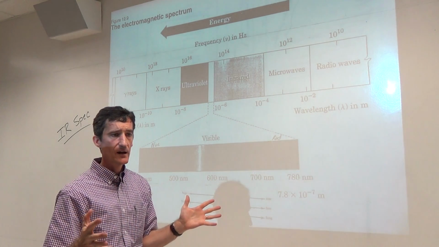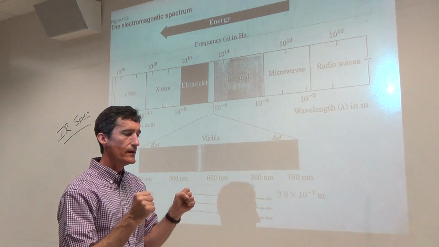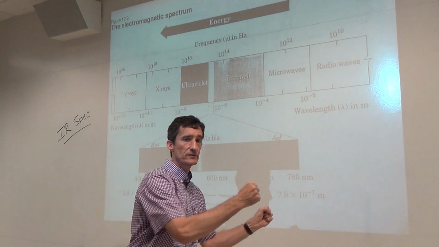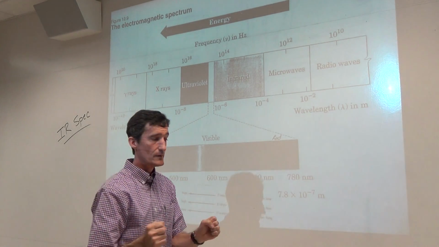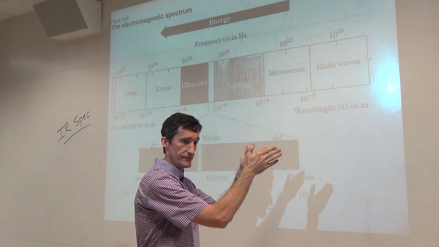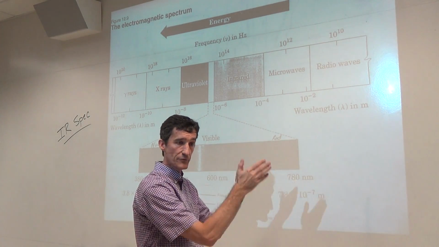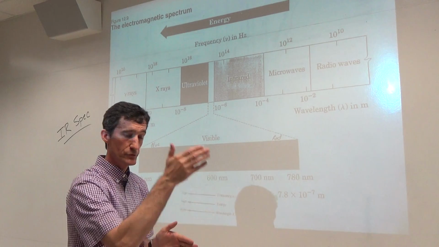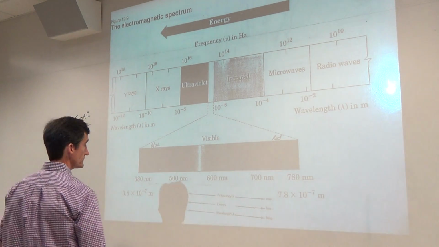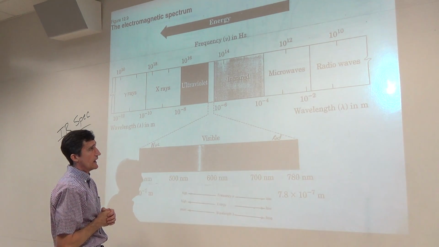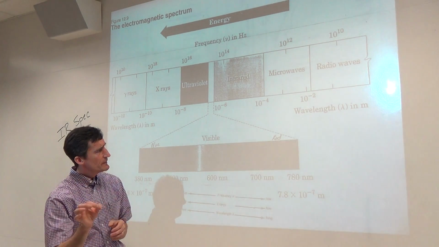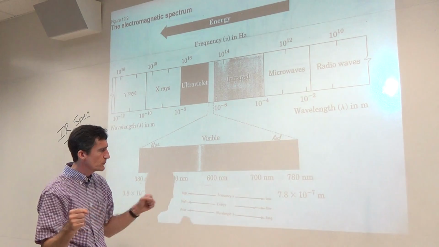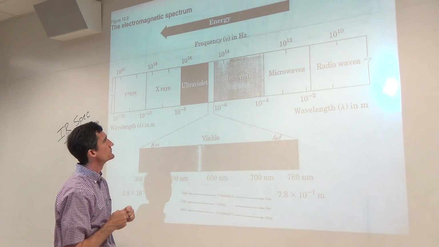If you have 10 bonds, every bond can be vibrating or stretching at a different frequency, some fast, some slower. This one absorbs higher frequency light, this one absorbs lower frequency light, and every absorbance gives you a peak in the IR. We'll come back and talk a little bit more about that. Let me finish this up and then we'll move into more of the frequencies.